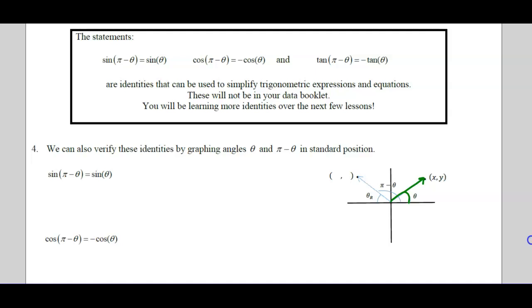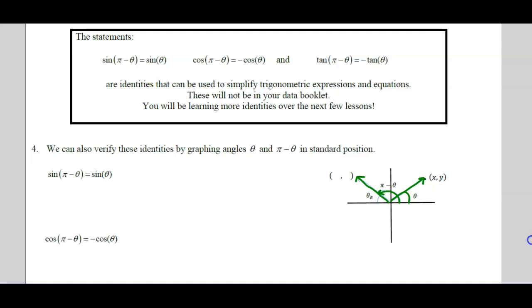So if that's xy, and we're finding sine of theta, and we want to graph then pi minus theta, that will give us this terminal arm going from there to there. Okay, so that reference angle is the same as theta. So those triangles are the same.